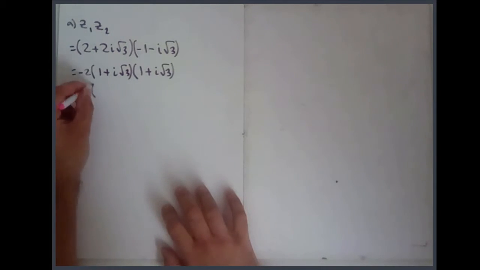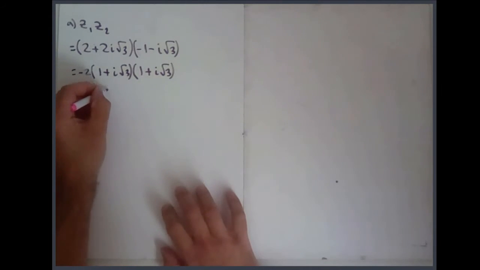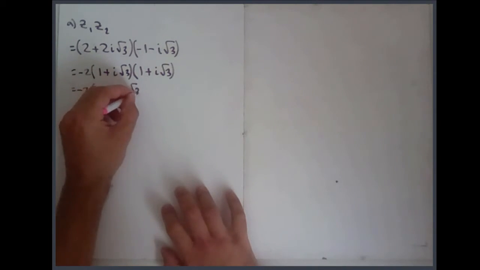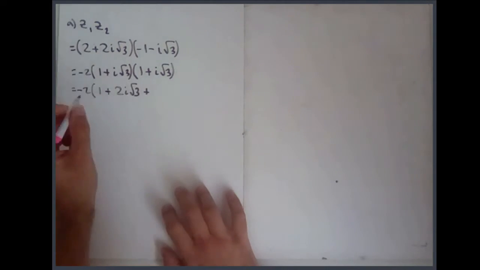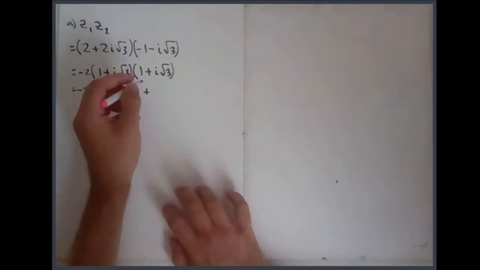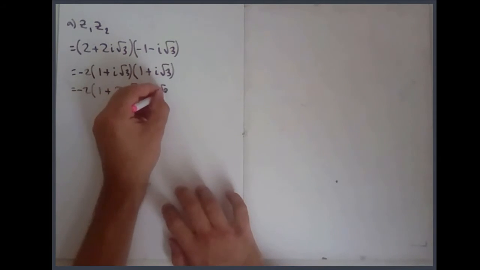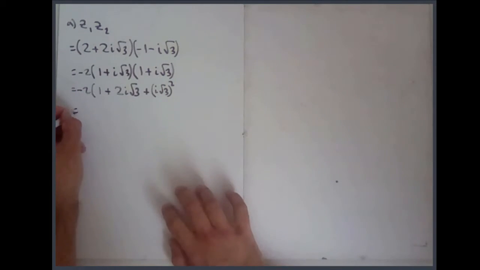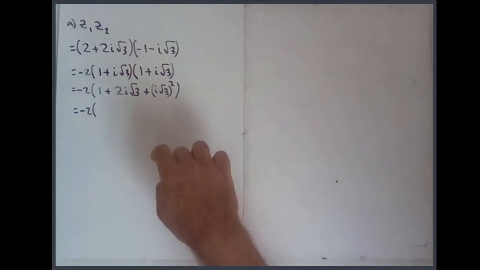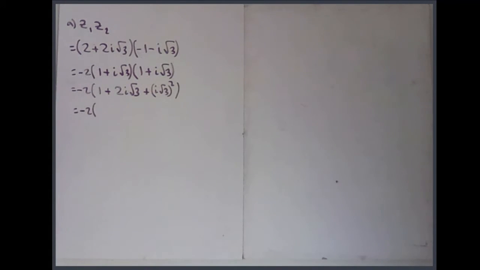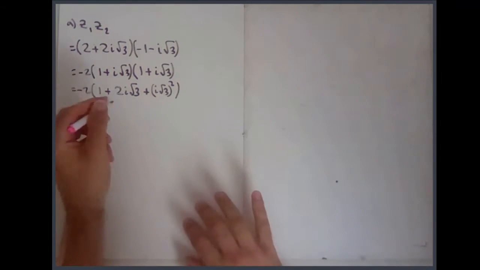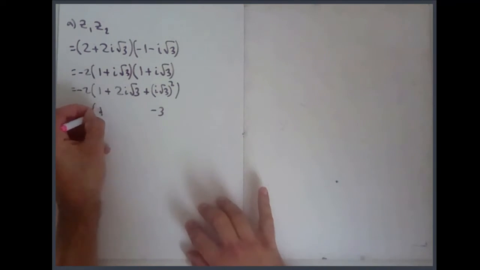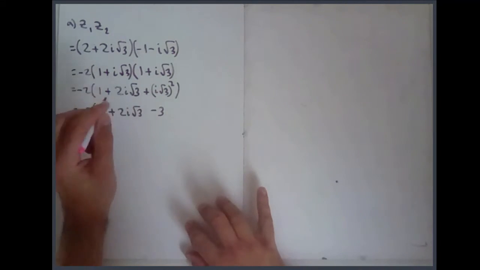So we've got minus 2 times 1 plus 2i root 3 plus, and then you've got i squared times root 3 squared, or i root 3 squared, equals, I better close that bracket, so minus 2 times. i squared is minus 1, root 3 squared is 3, so minus 1 times 3 is minus 3, so we've got minus 3 here, 1 plus 2i root 3.